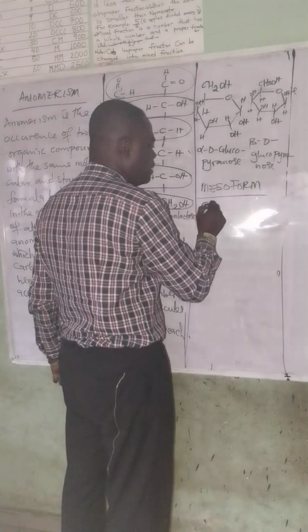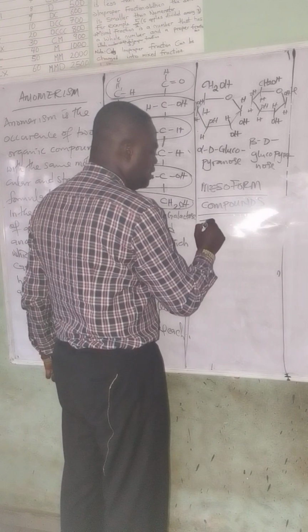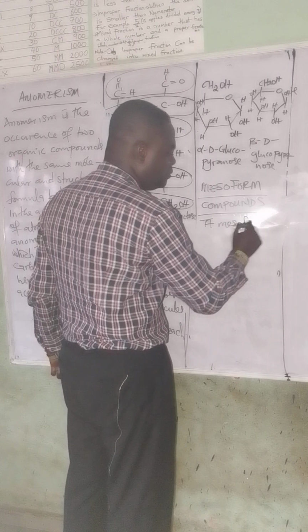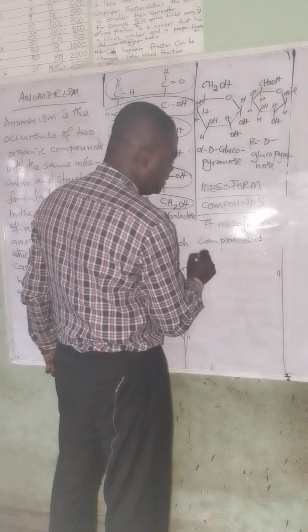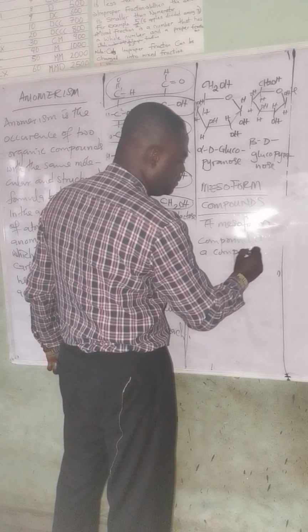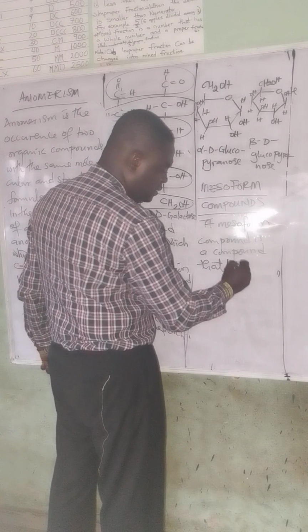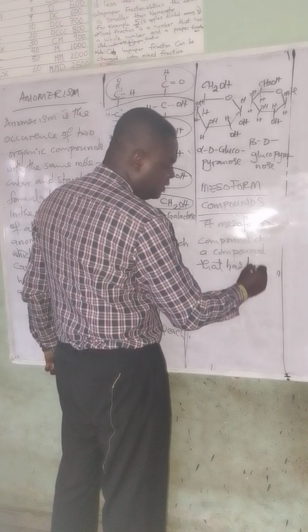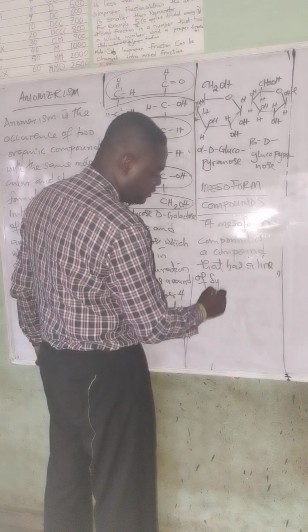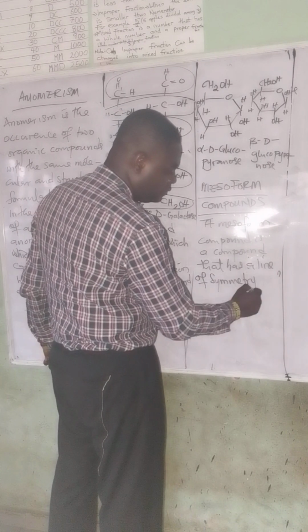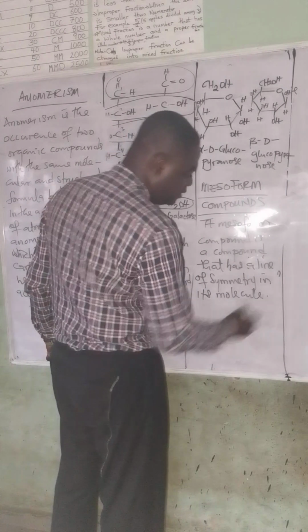A meso-form compound is a compound that has one line, a line of symmetry, in its molecule. What does that mean?